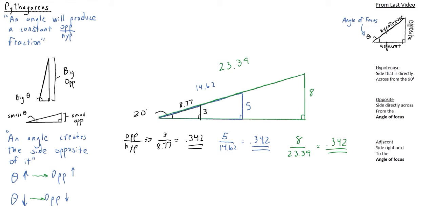So here we drew a whole bunch of right triangles with an angle of 20 degrees. And notice how for each one of them, the opposite divided by the hypotenuse is 0.342. And remember, you can interpret fractions as sort of like percentages.